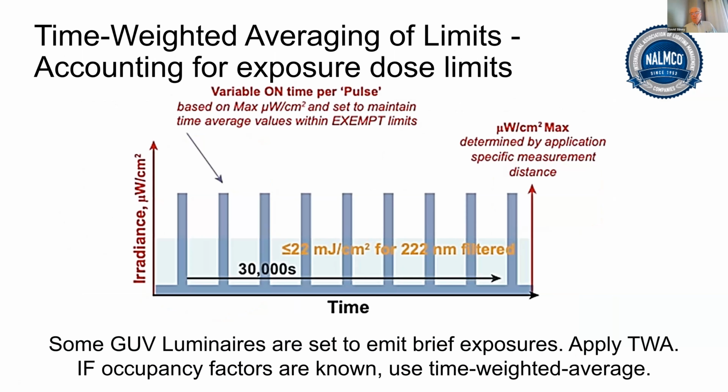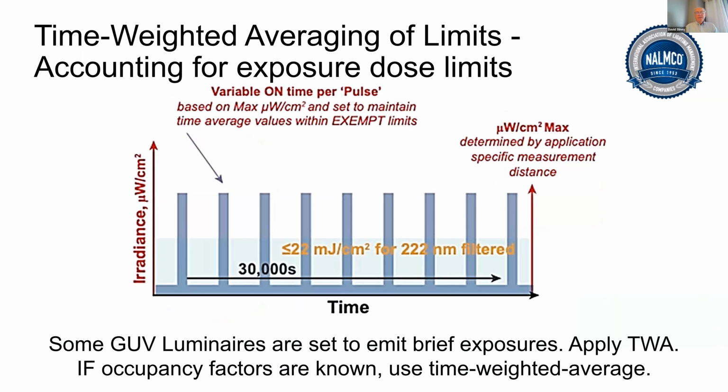I've mentioned more than once the concept of time-weighted averaging, and time-weighted averaging is a very important concept. It's particularly important if you have a UV fixture that doesn't run continuously but goes on with some short periods.